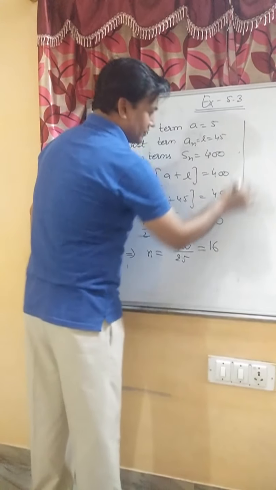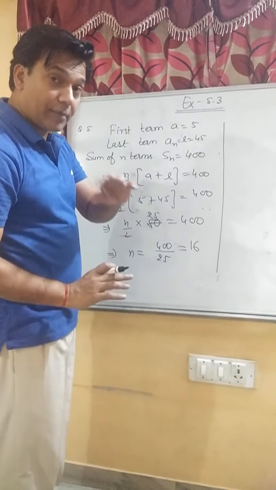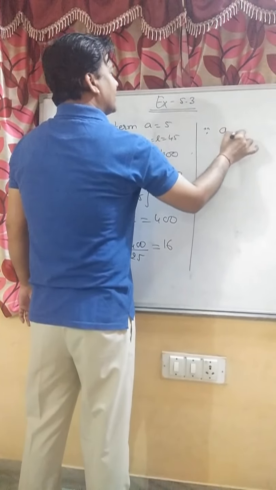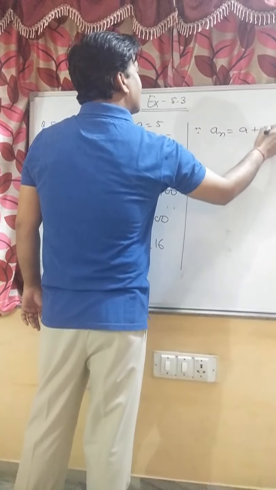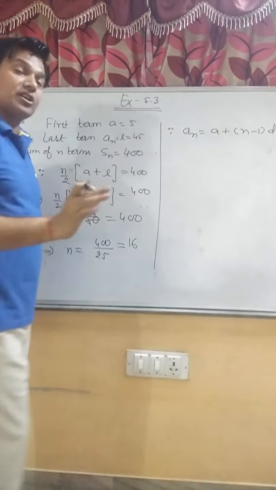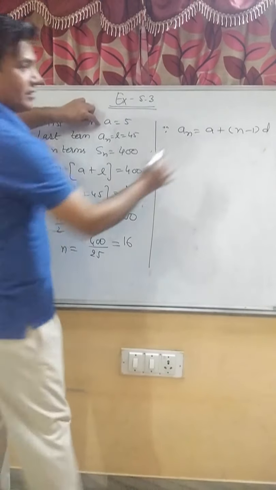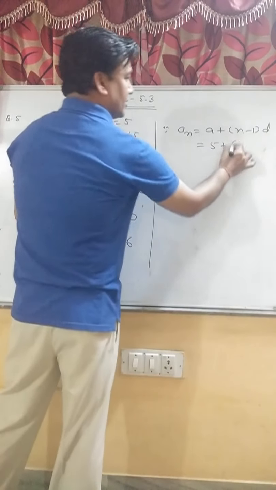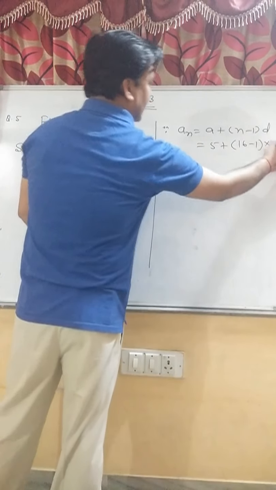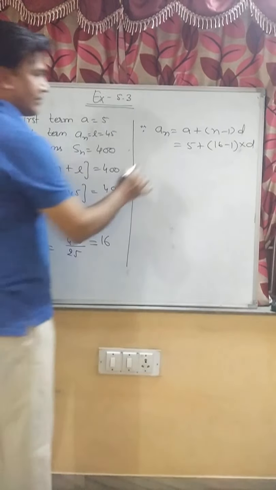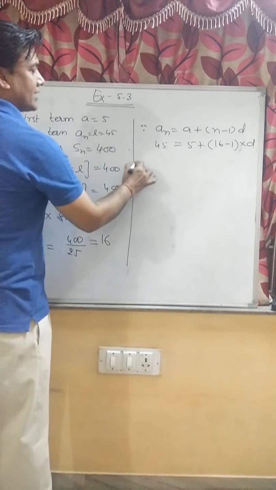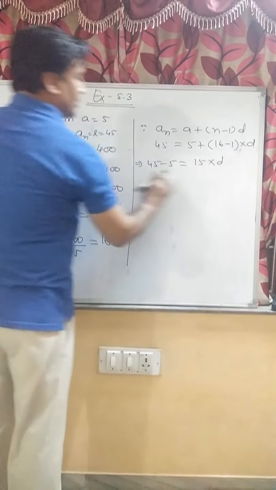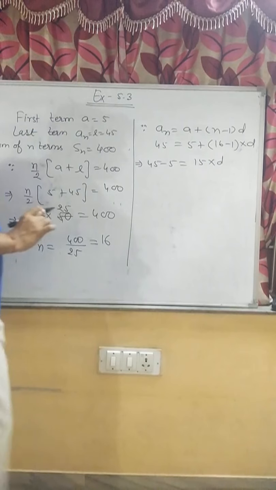Now to calculate the common difference d, we know the nth term formula is a plus n minus 1 into d. a is 5, n is 16, d we have to calculate, and an, the last value, is 45. Shifting 5 to the LHS, 45 minus 5 equals 15 into d.